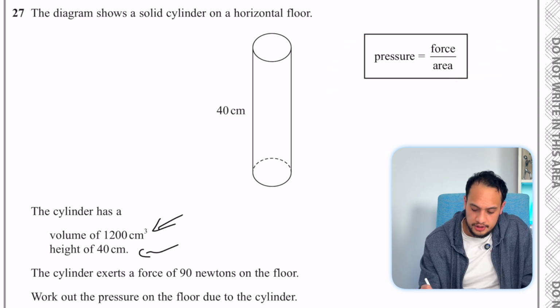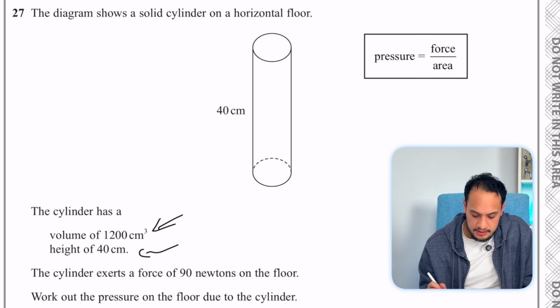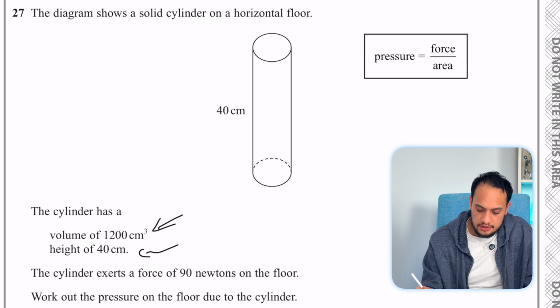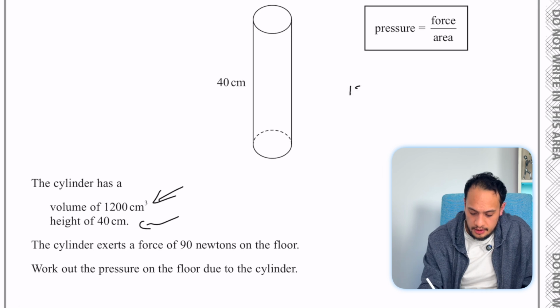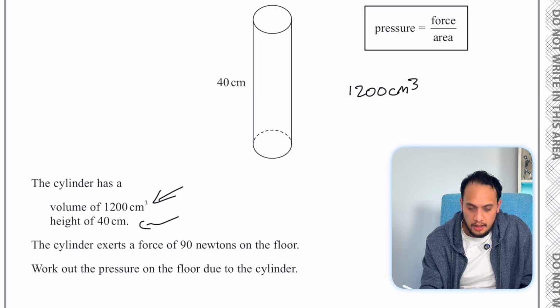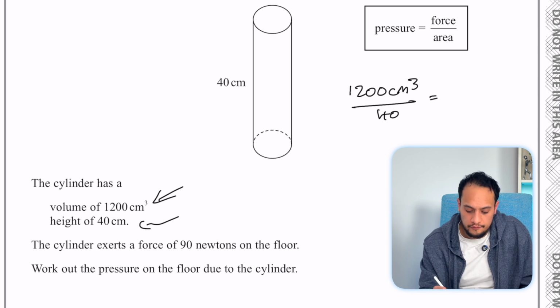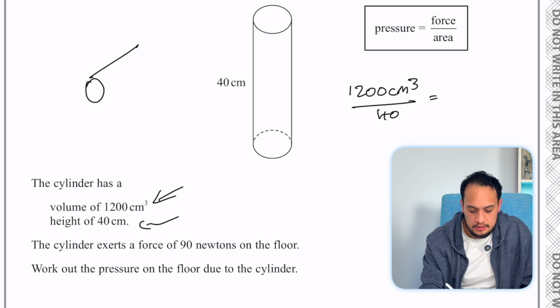They've been helpful here: pressure equals force divided by area. So first of all, we'll concentrate on the area side. We have the volume, 1,200 centimeters cubed. We know the height is 40 centimeters. If I divide this by 40, I can get the area, because the volume is this face, because it's a prism cylinder, times the height.